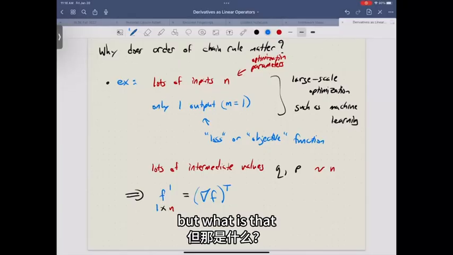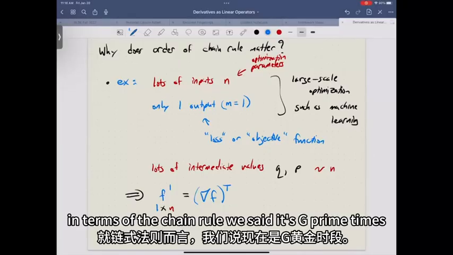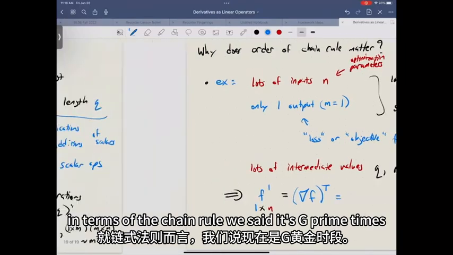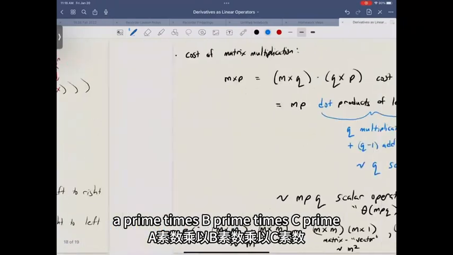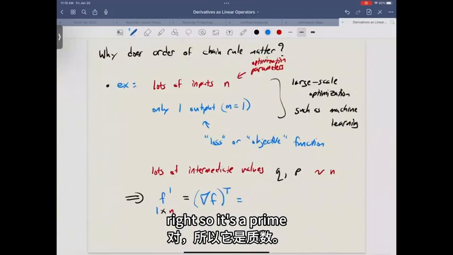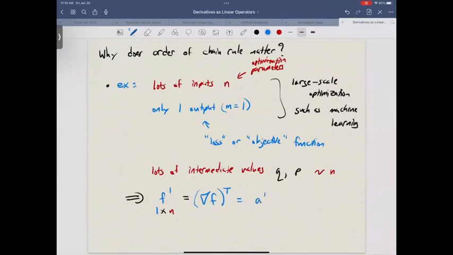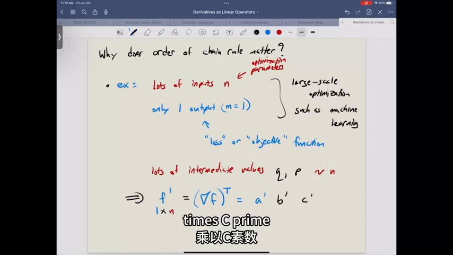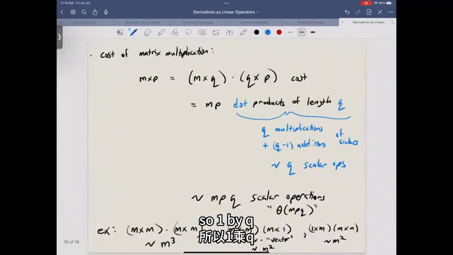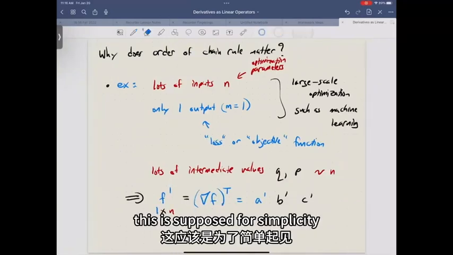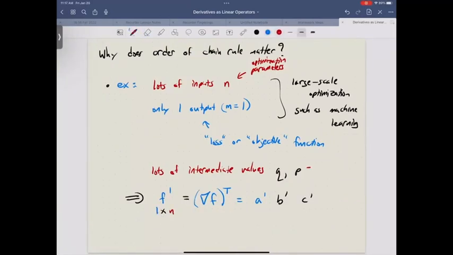Okay, but what is that in terms of the chain rule? We said it's A prime times B prime times C prime. And we said A is M by Q, where M is 1, so 1 by Q. Let's just suppose for simplicity that these are all equal to n.